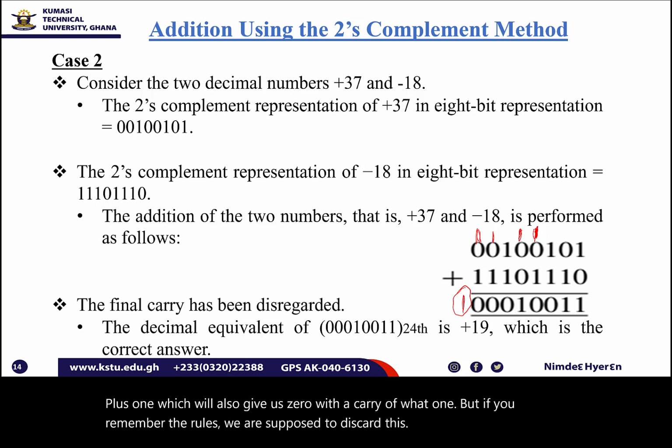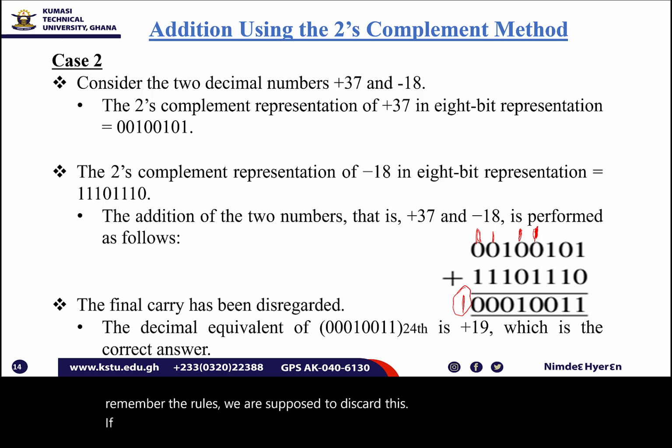If we add this, it is going to give us a wrong value. So, if we do this, we would get what? 19, which is the correct answer.